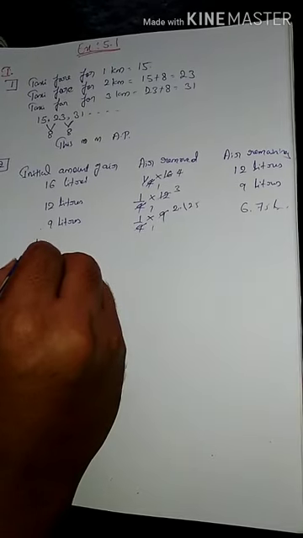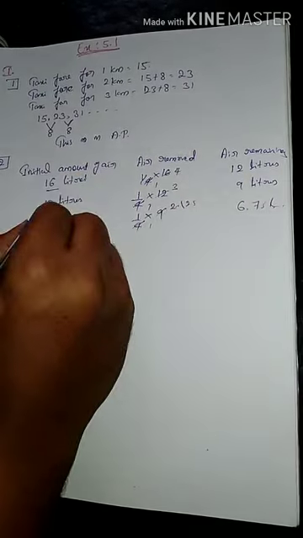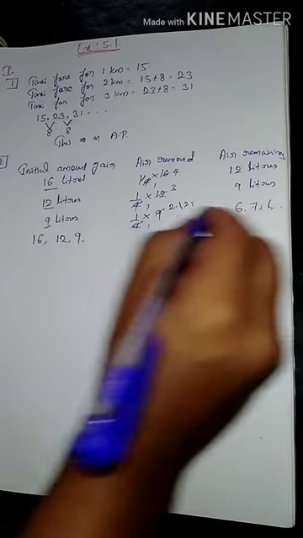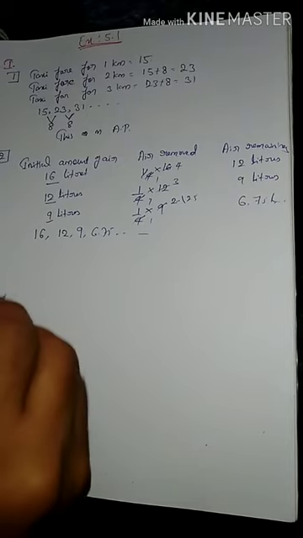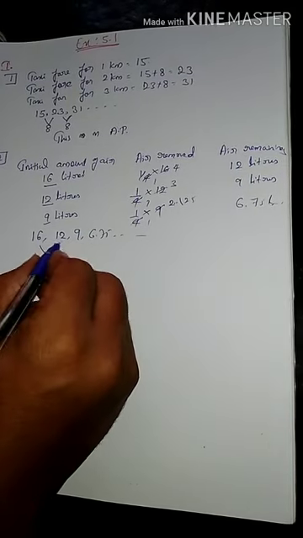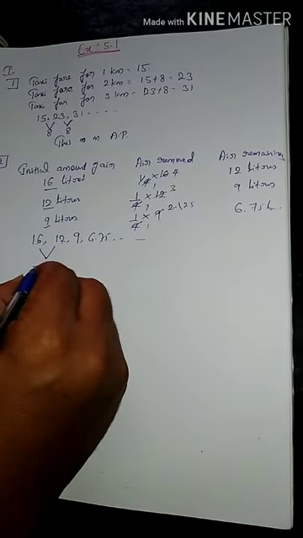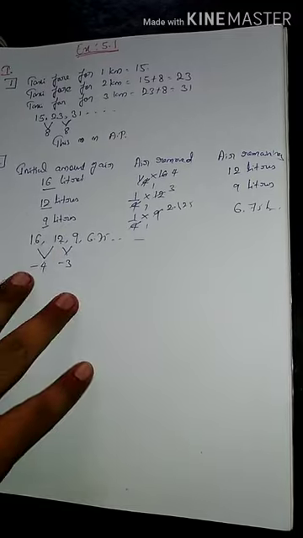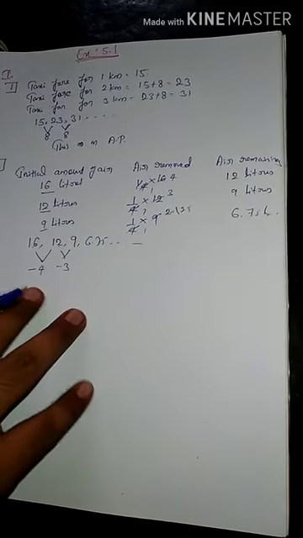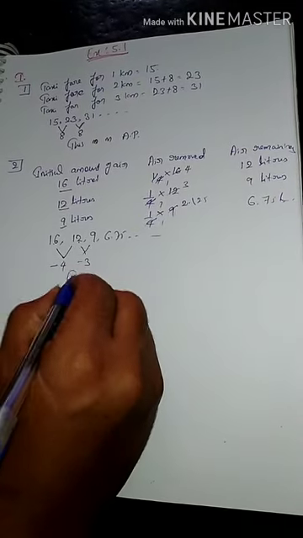Then the series is 16 liters, 12 liters, 9 liters, and 6.75 liters. So here let us check the common difference. 12 minus 16 is minus 4 and 9 minus 12 is minus 3. So the difference between any two consecutive terms is not the same. Therefore this situation is not in arithmetic progression.